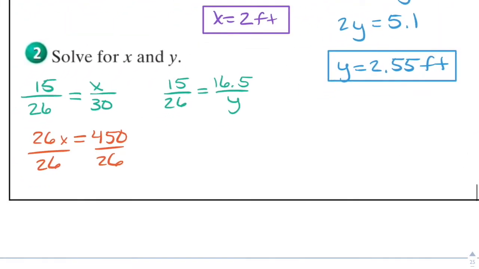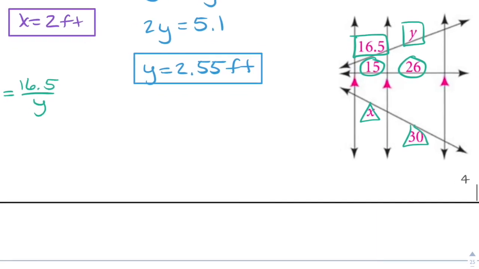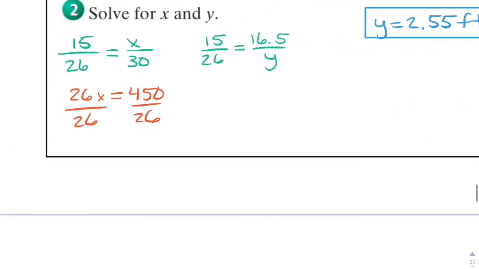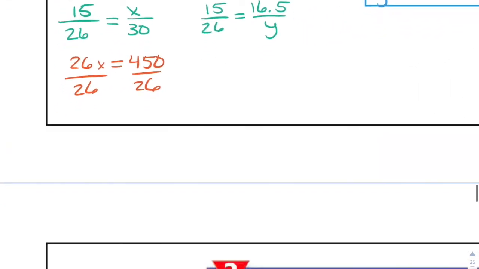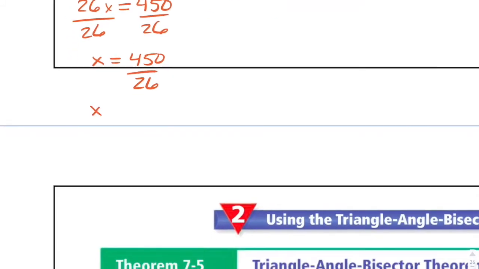Well, not a nasty number, but let's write it as a fraction. So we have 450 over 26. We can do both divided by 2. So we would get x equals 225 over 13.